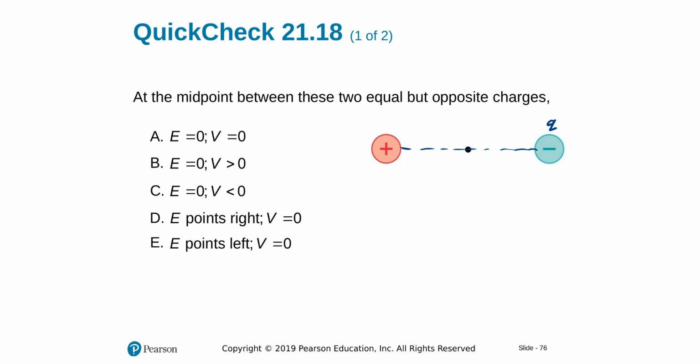Let's give them a name, Q1, Q2. E1 is towards my charge, and it's always away from positive charge. E2 is away. So both electric fields are in the same direction. When I add them overall, I'm going to have E1 plus E2, or E total, let's call it, to the right.